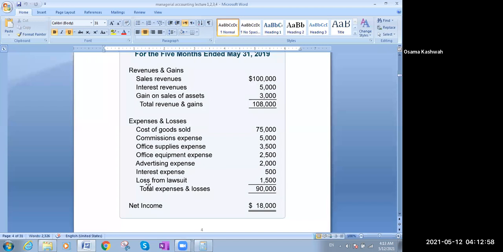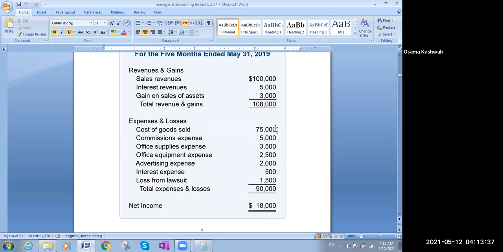Okay, less loss from lawsuits. For example, you have some losses, it's 1,500. So all the total expenses are 90,000. If we calculate those, 75,000 plus 5,000 plus 3,500 plus 2,500 plus 2,000 plus 500 plus 1,500, all will come to 90,000. So I have revenues of 108,000 and I have expenses of 90,000.